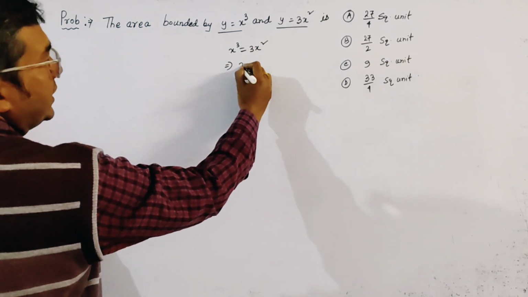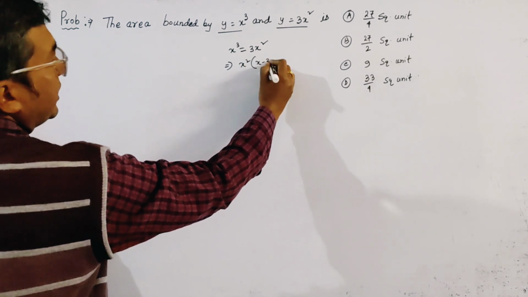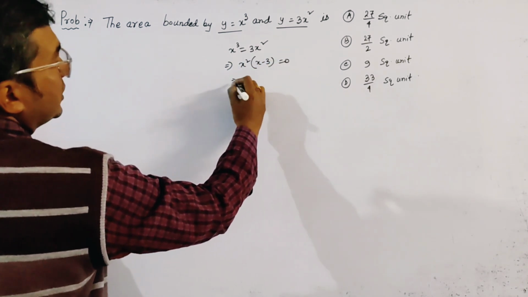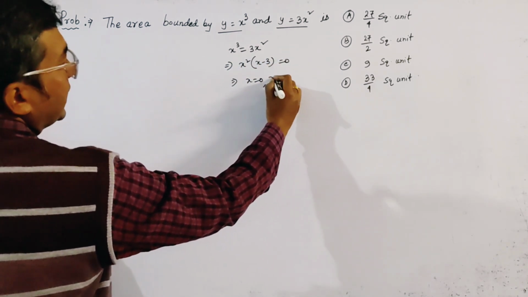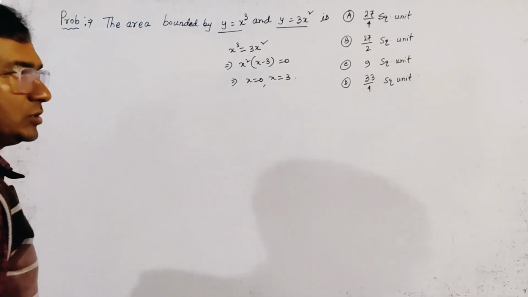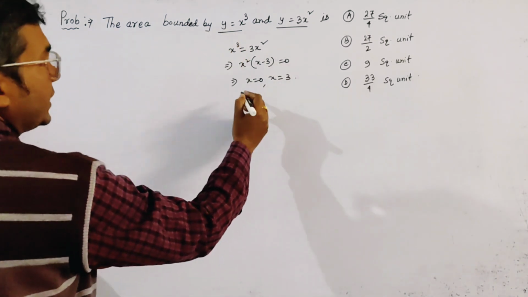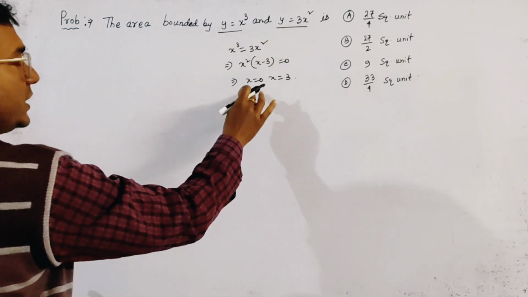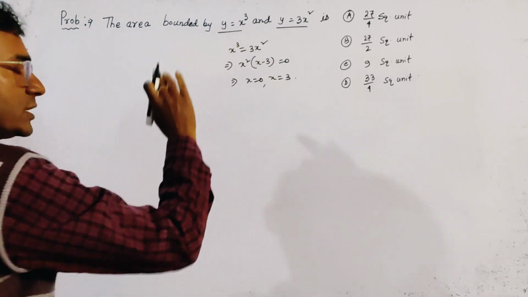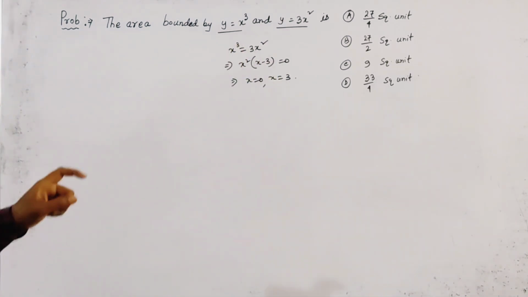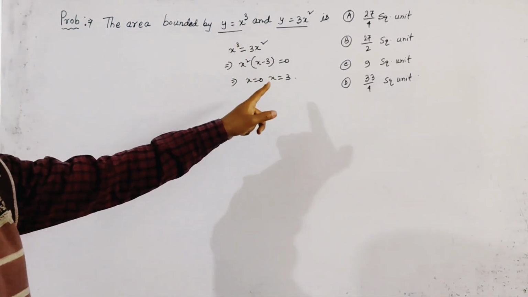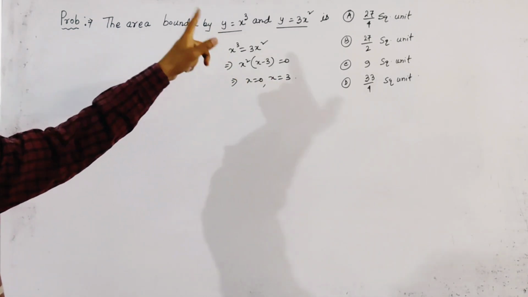So clearly, x square into x minus 3 equal to 0, that is x equal to 0 and x equal to 3. So the curves intersect at x equal to 0 and x equal to 3. We only require the value of x, not the value of y.